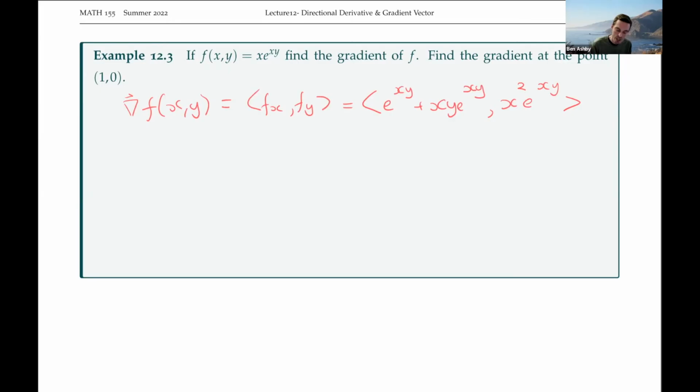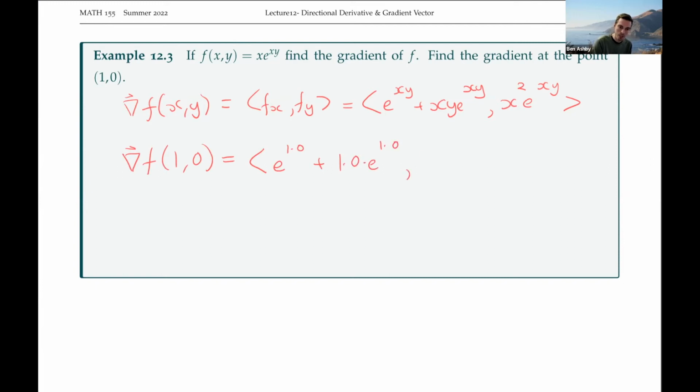The second part of this example says find the gradient at the point (1, 0). So all we need to do is substitute in x equal to 1 and y equal to 0 into what we found just now. So grad of f at (1, 0) is equal to, well, let's substitute in x equal to 1, y equal to 0. So we get e^(1·0) plus 1 times 0 times e^(1·0).